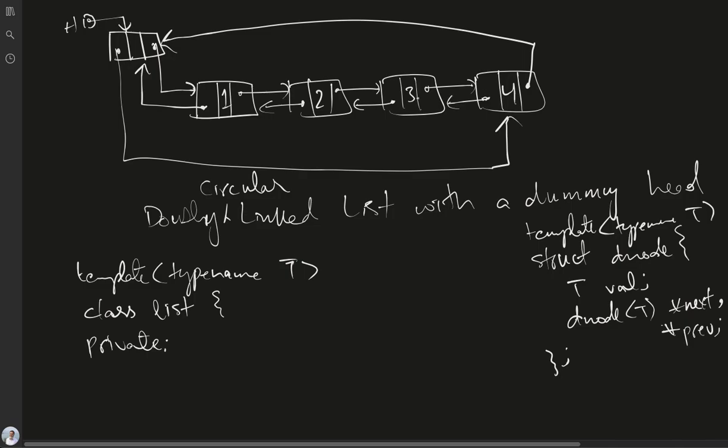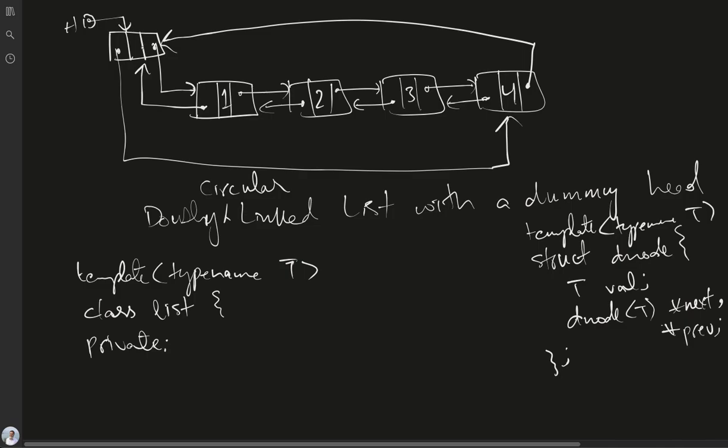And in addition to that, we will have to check cases whether the list is empty, if we are inserting the first node, if we are inserting the node at the start of the list, if we are removing the only node in the list.